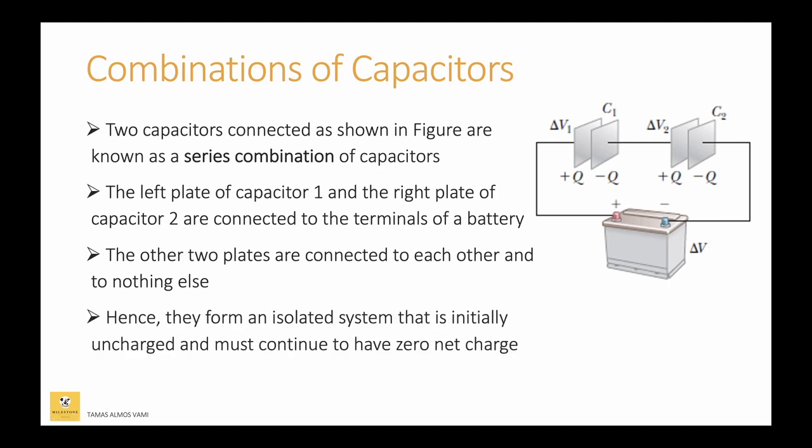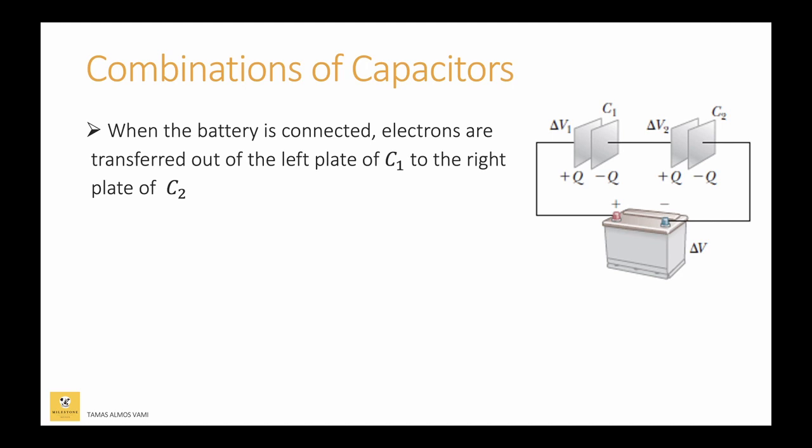So these two form an isolated system, which initially is uncharged and must continue to have zero net charge. So that means that when the battery is connected, the electrons are transferring from this side, and they move to the left plate of C1 and to the right plate of the C2.